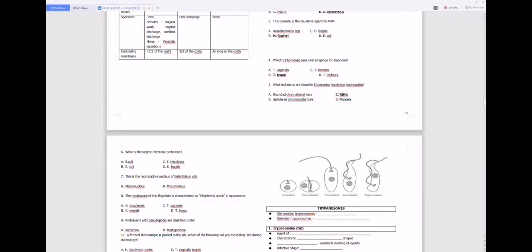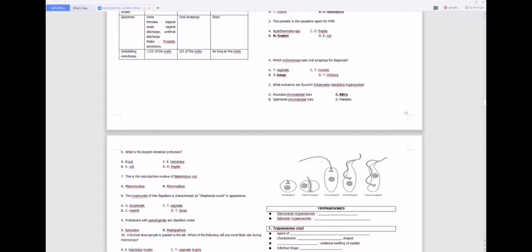RBCs. So diba, rounded chromatoidal bars are found in Entamoeba histolytica cysts. Diba? Kasi kung chromatoidal bars, you can find it sa cyst form. Splintered chromatoidal bars are found in Entamoeba coli cysts. So splintered chromatoidal bars are witch broom chromatoidal bars.